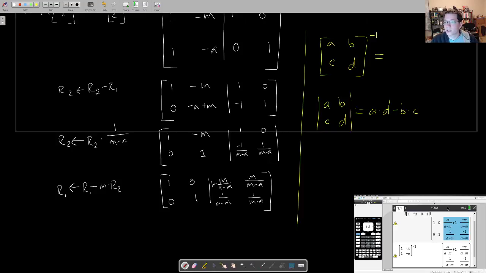Yep, I told you correctly. Very good. Makes me happy. AD minus BC. And if we want the inverse, that will be the determinant. So A times D minus B times C.